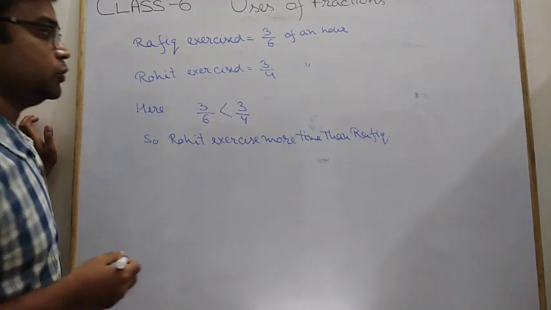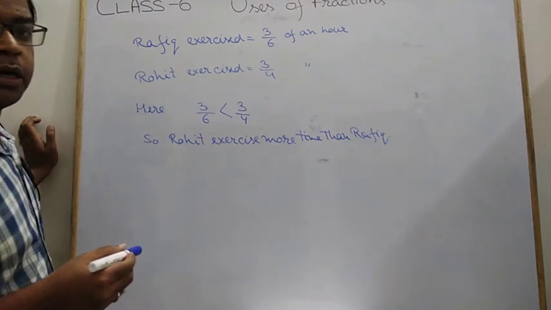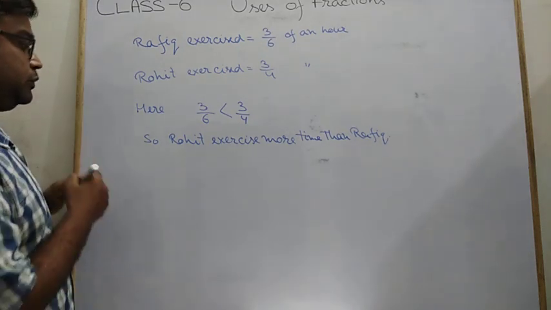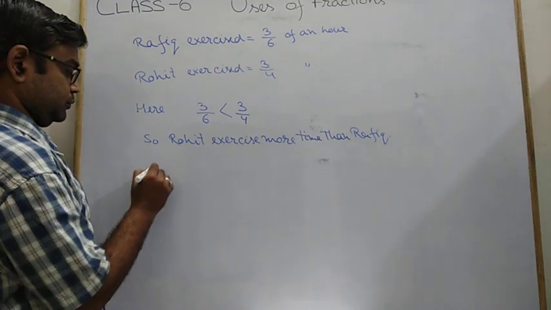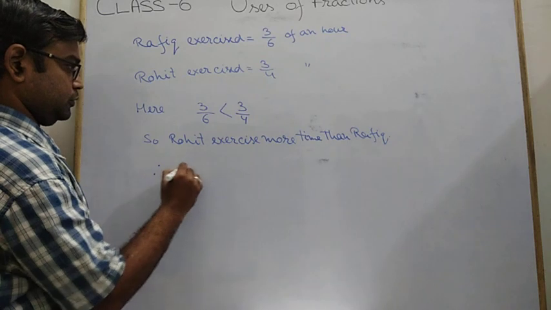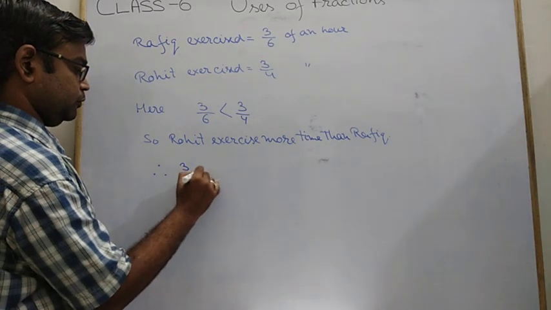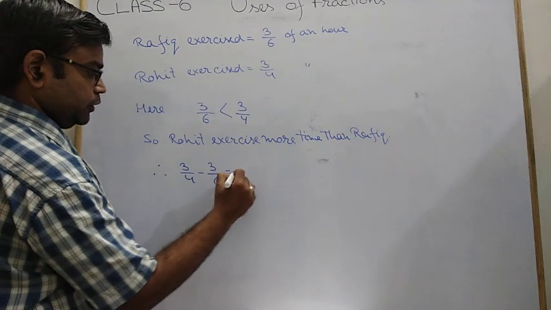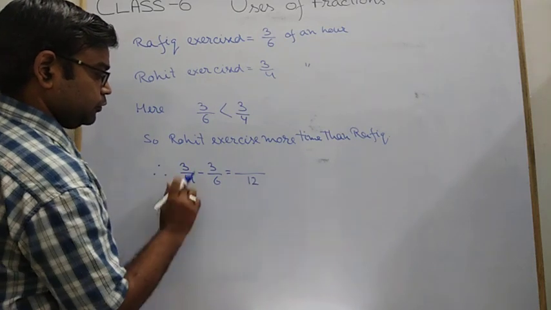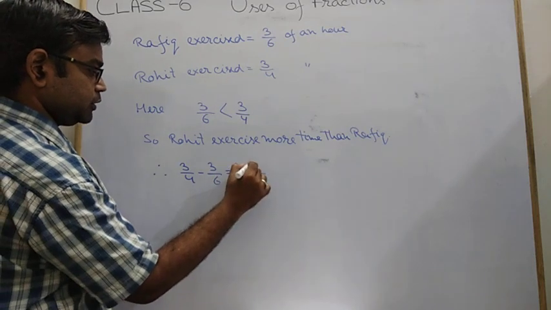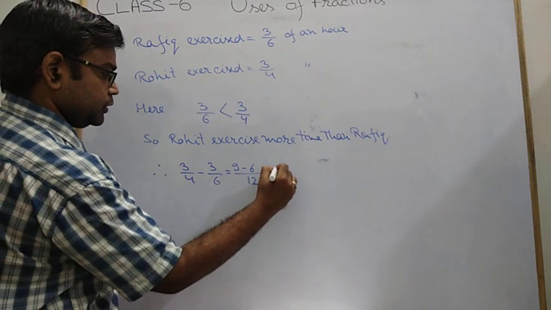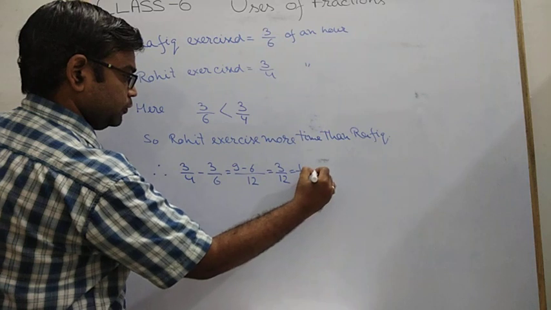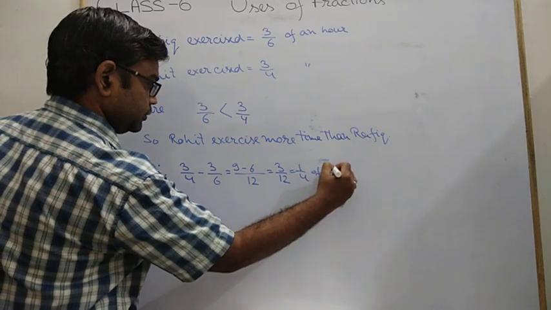How much more? So we subtract the smaller from the greater one. Therefore 3/4 minus 3/6 equals, where we have 12. 4 threes are 12, 3 threes are 9, minus 6. It's 3/12 or 1/4 of an hour.